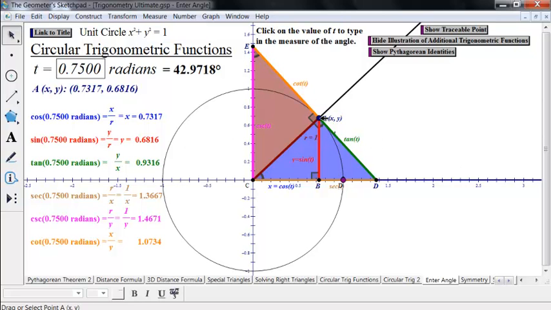I'm going to take a tangent line to the circle at the point A. And this tangent line is going to touch right there at one point. And in geometry we learn that if it touches in one point, that makes a right angle right there.